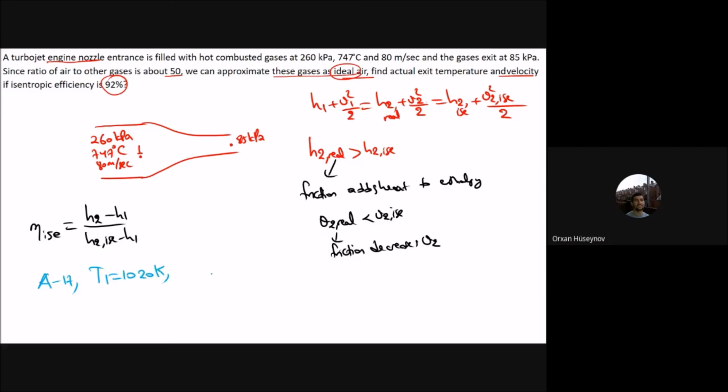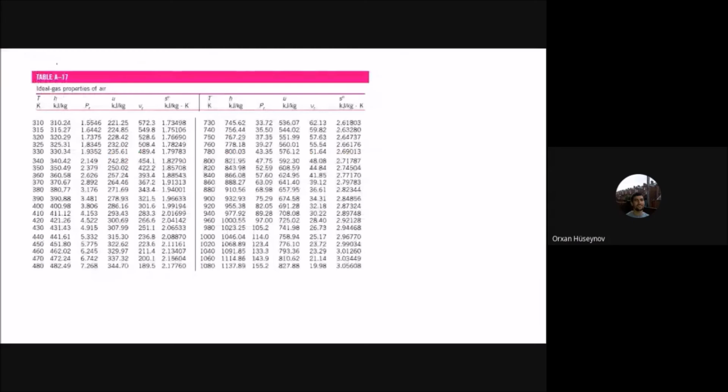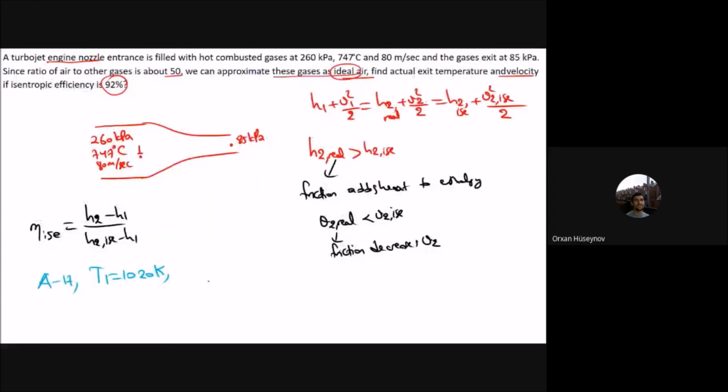If you go to table A17, you have the enthalpy value, which is 1068.89 kilojoules per kilogram. This is for the enthalpy 1. The isentropic efficiency is given as 0.92. And we can find the enthalpy at 2 for the isentropic case, and then the real one we can calculate.